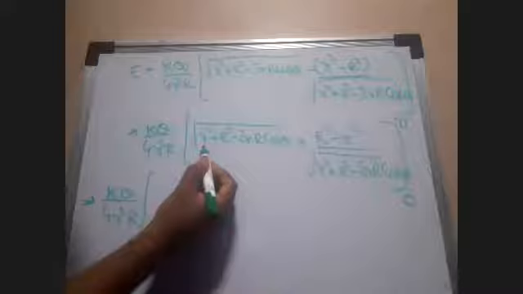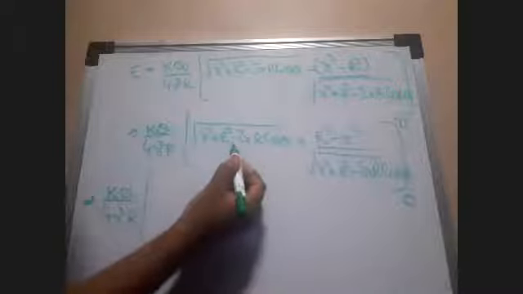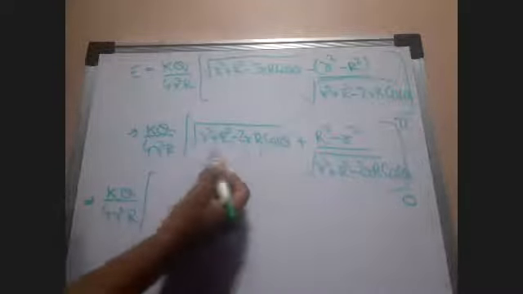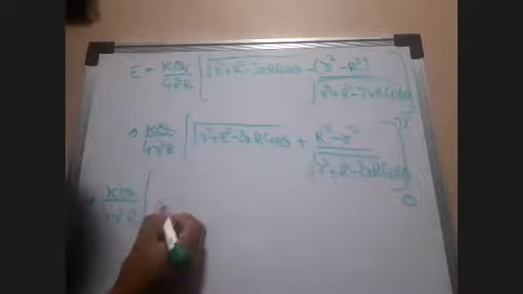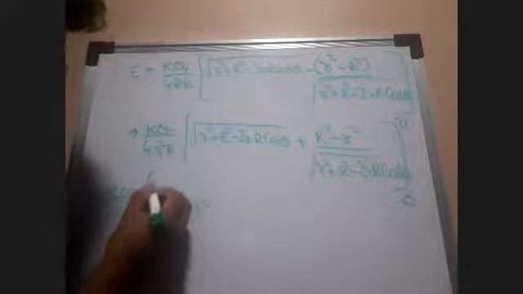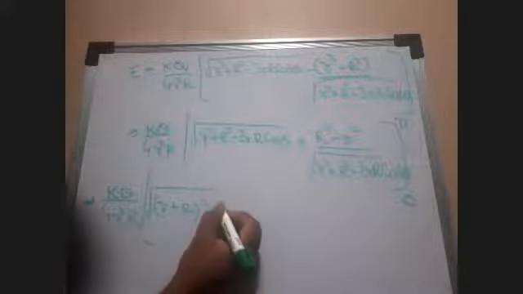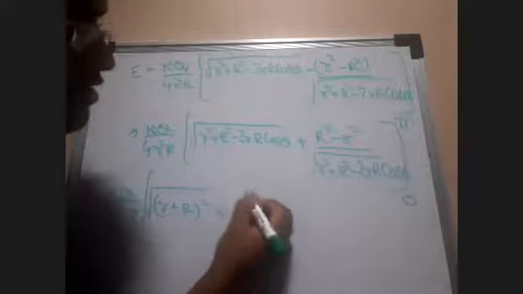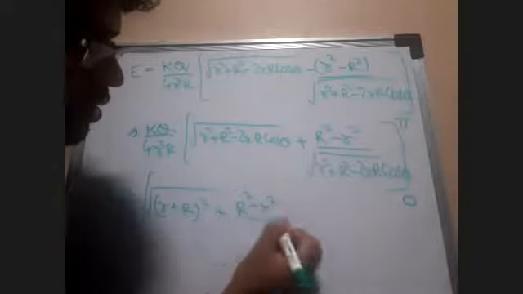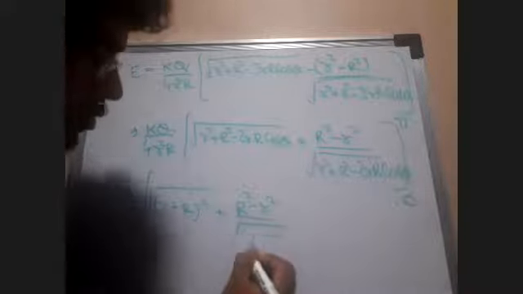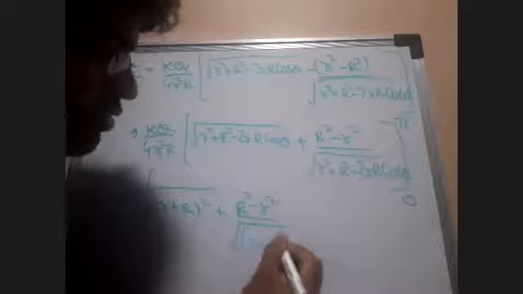So ultimately, you'll get small r square plus capital R square plus 2rR. That entire thing can be written as small r plus capital R whole square under this root. And the same thing we can do for that also, R square minus r square upon root of r plus R whole square.